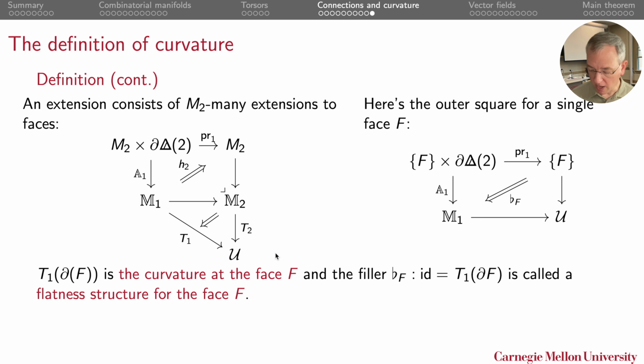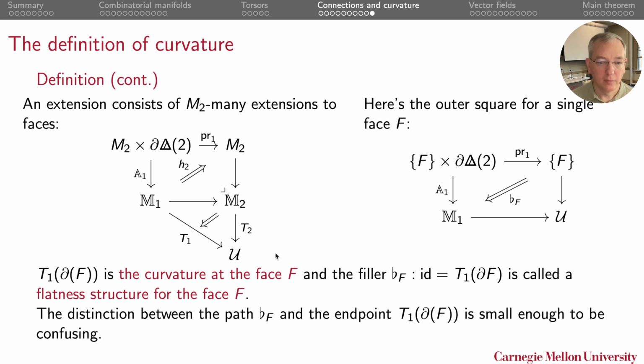So we kind of know that there's a non-trivial holonomy, but we have a path to the identity. So for someone like me who's been struggling for a long time to find curvature in a homotopical setting, this is one way to square that circle, so to speak. Yeah, the distinction between the path and its endpoint, it's like I was saying with R and HR, is small enough to be confusing to me. So if you're confused, you can join the club.